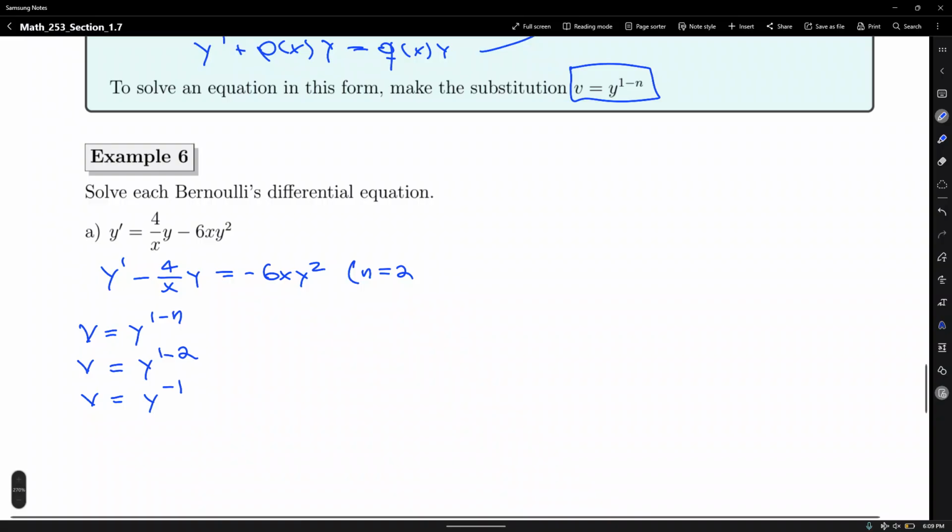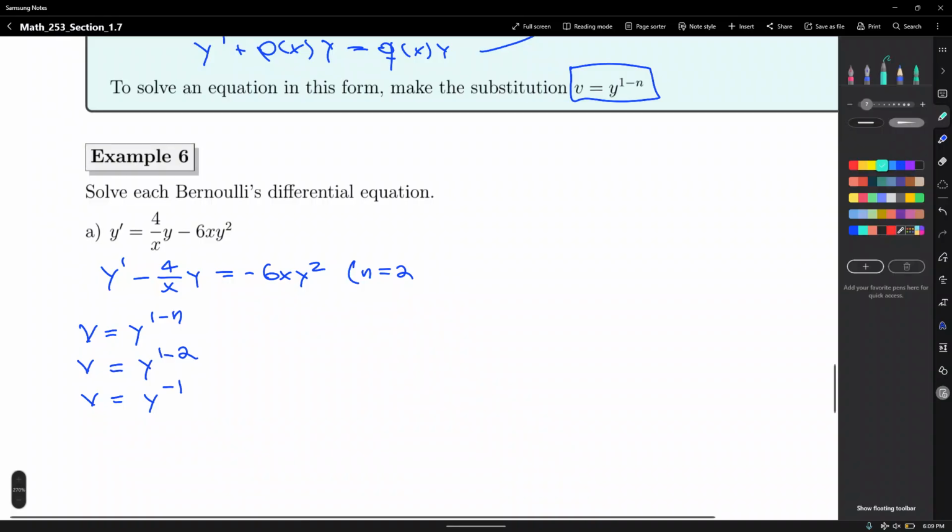Okay, so I'm going to solve for y. What would you do to solve for y? Wouldn't you raise both sides to the negative 1? Or send the y to the negative 1 to the denominator and do some cross multiplication. That's not going to work for every single one anyway. So this would be y equals v to the negative 1. That's because I would need to write down the derivative in terms of v.